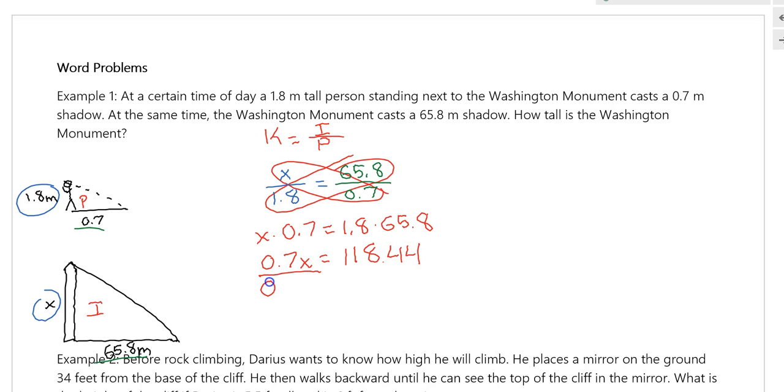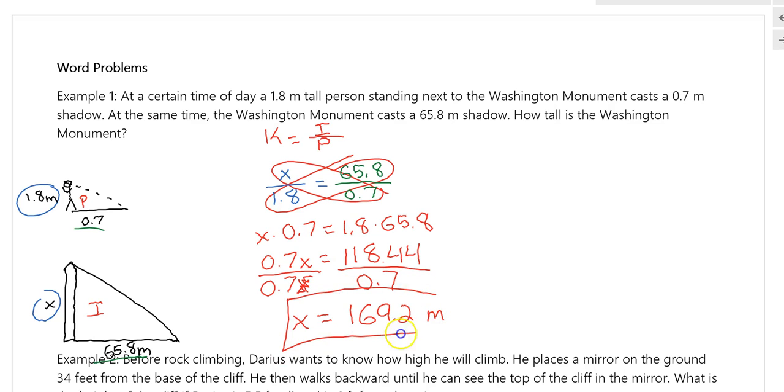I'm going to divide by 0.7, not by x, just divide by 0.7. So x equals 169.2 meters. Again, since this is a real world problem, it's okay to use decimals instead of fractions.